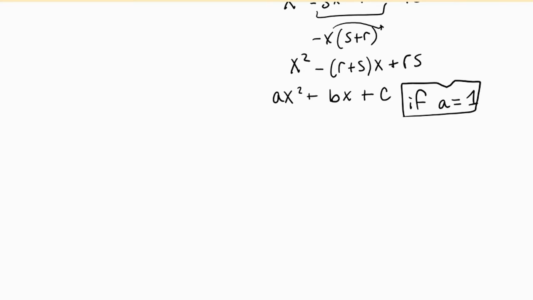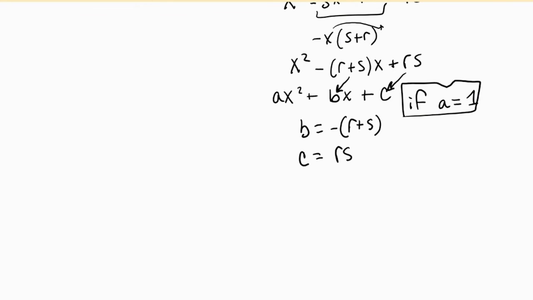If we're working with something where it's not equal to 1, we can just scale up or down and make it equal to 1. But if a is equal to 1, b is going to be equal to the opposite of the sum of the roots, and c is going to be equal to the product of the roots. You can see that by direct substitution.